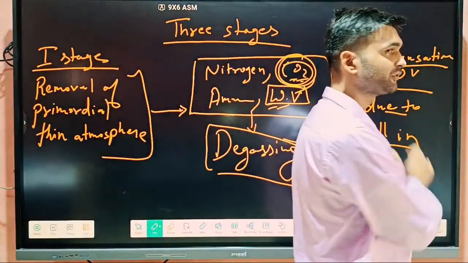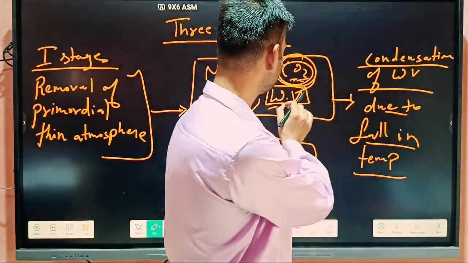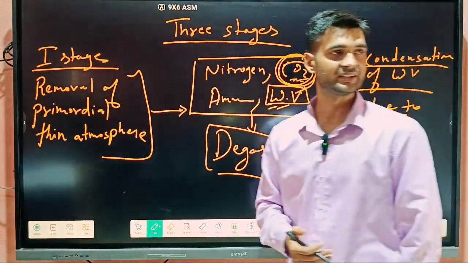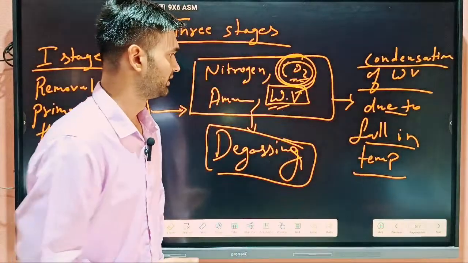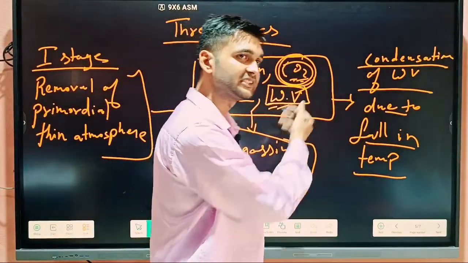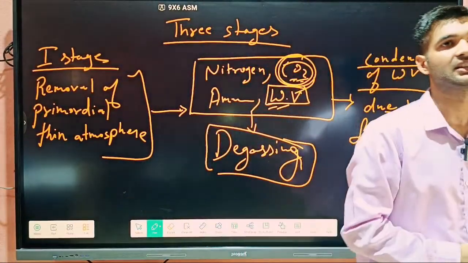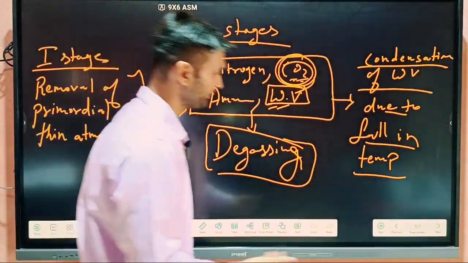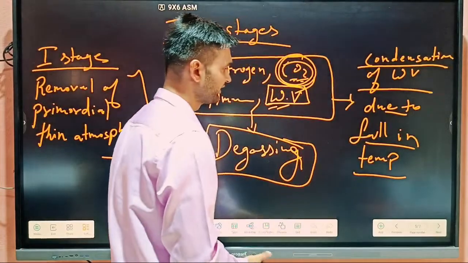But in this atmosphere, there was very little free oxygen. The water was full of carbon dioxide, and the composition of nitrogen and all these things was very high. But the concentration of oxygen was not up to the limit required for the survival of human beings.